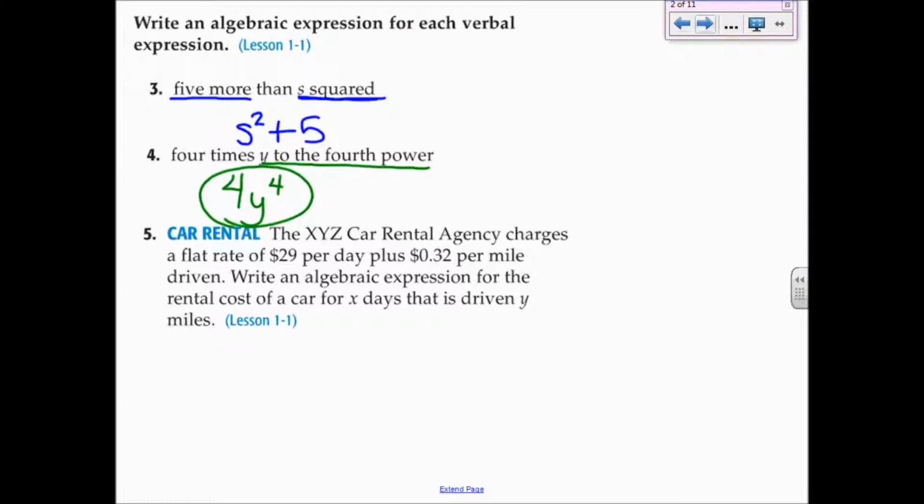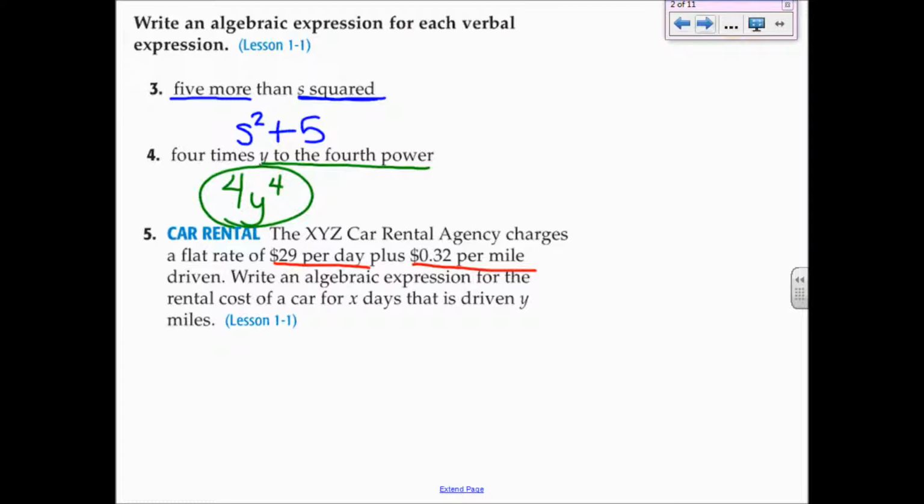Car rental. The XYZ car rental agency charges a flat rate of $29 per day, plus 32 cents per mile. Write an algebraic expression for the rental cost of a car for x days that is driven y miles. So every day they're going to add on $29.